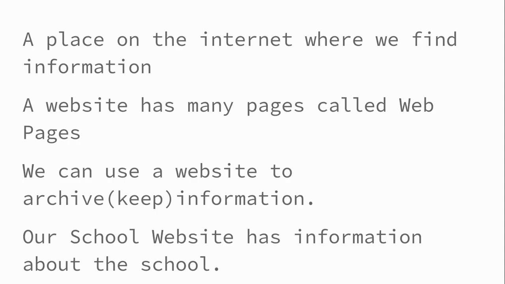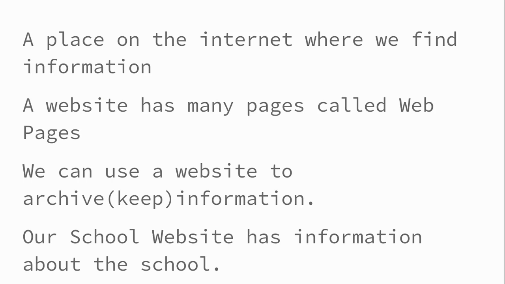As I have said, a website is a place on the internet where we find information. A website has many pages called web pages. Now we can use a website to archive information. Archive means keep.